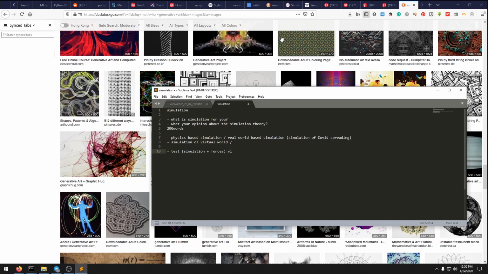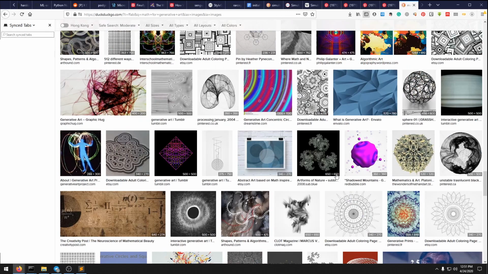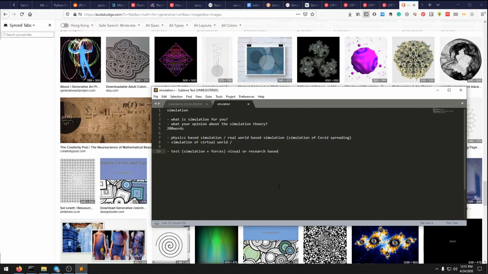So it's visual or research based: you can do a simulation for nice looking visuals, or you can do a simulation like we're going to do with COVID, which is more research based, to understand how different measures will affect the spreading of the virus.